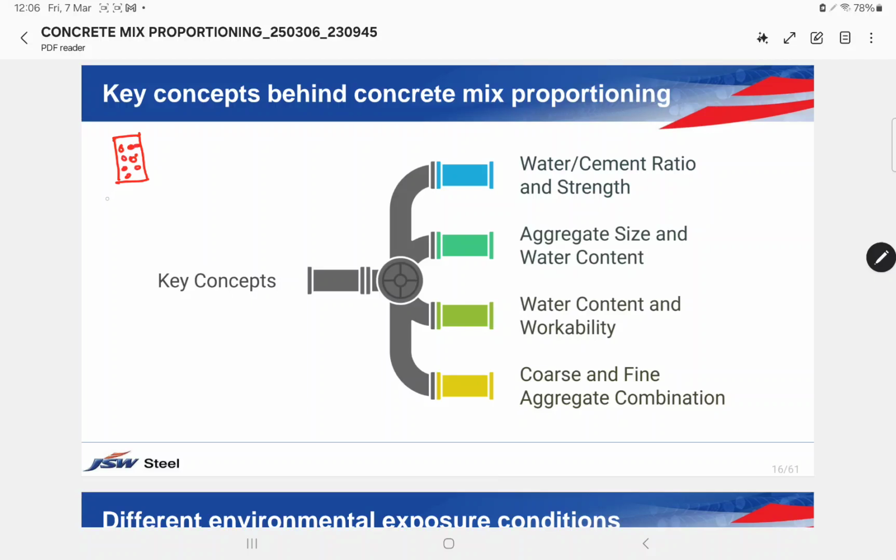So my water cement ratio becomes, sorry, I have 500 liters of water and I added 1000 gram of cement in it. My water cement ratio becomes 0.5.